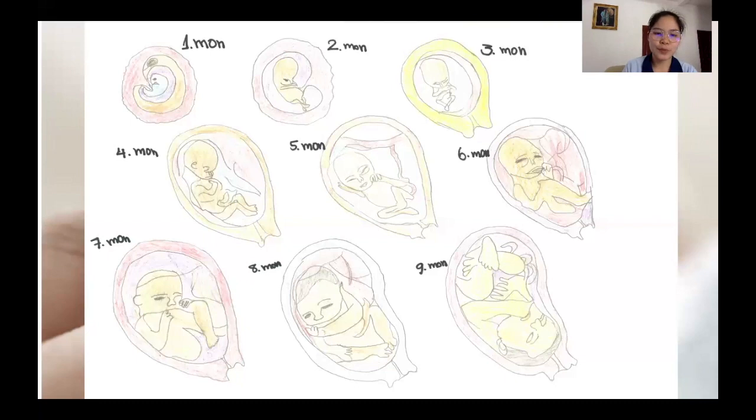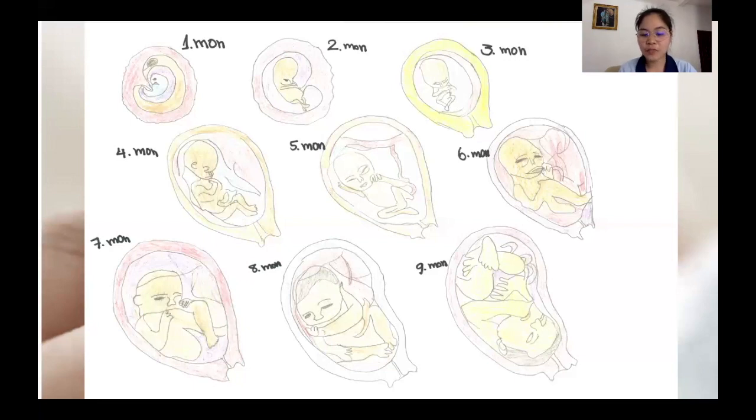Okay, let us proceed to the third month. In month number 3, the baby's arms, the hands, and the fingers are almost complete, or we can say fully formed. The baby can open and close its fist and mouth.